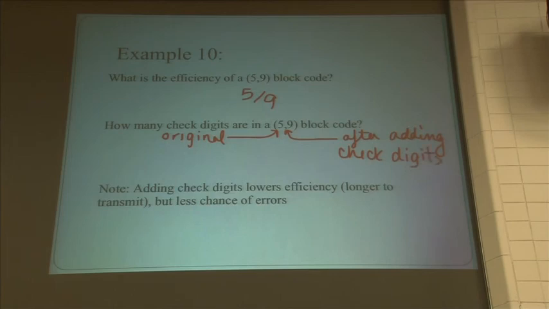So, how many check digits were there? 9 minus 5 gives us 4. Now, here's the thing about those check digits. Yes, you end up having to transmit more data, but with more check digits, it gives you more chances of detecting the errors and fixing them. Couple more things.